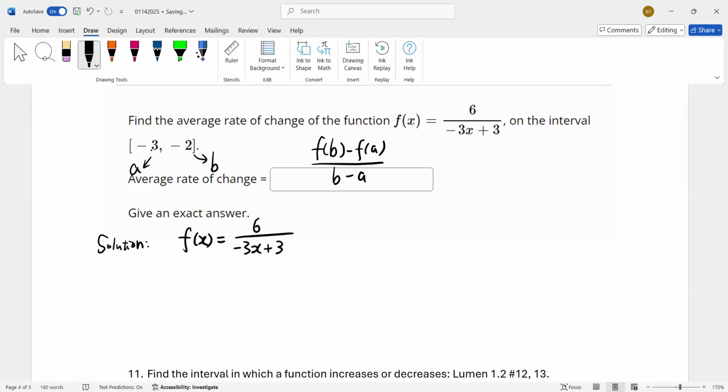This is how machine f works. When the input is x, the corresponding output is 6 over negative 3 times the input, and then plus 3.